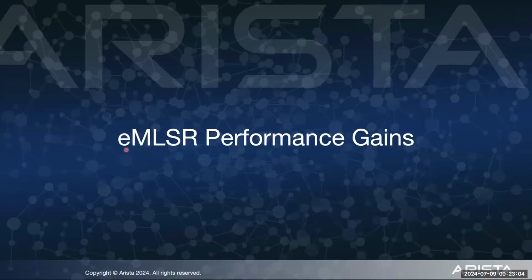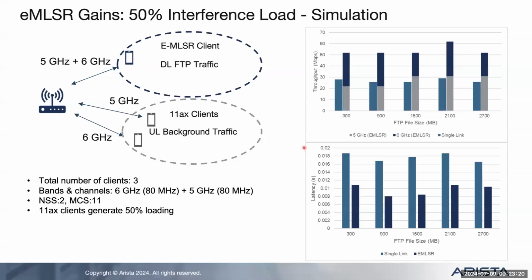So now moving on to the EMLSR performance gain, we will see how much benefit EMLSR offers in a heavily loaded network, right? So we did a simulated behavior test here.